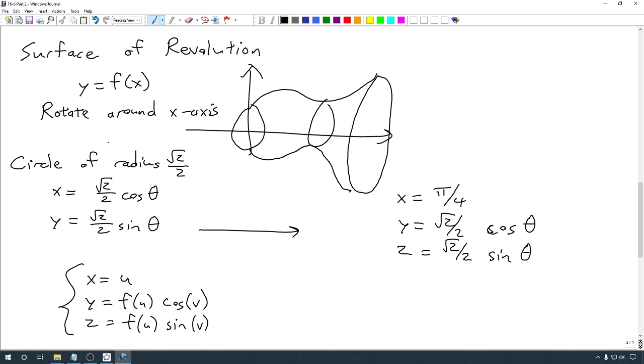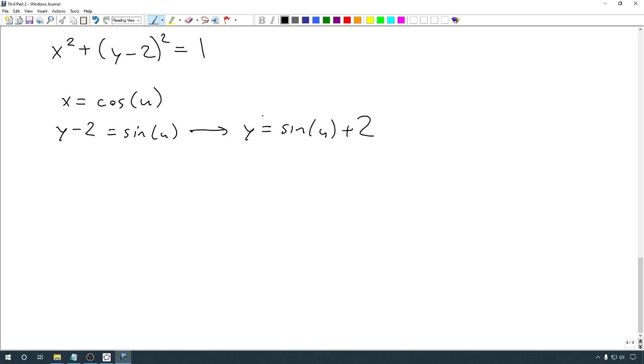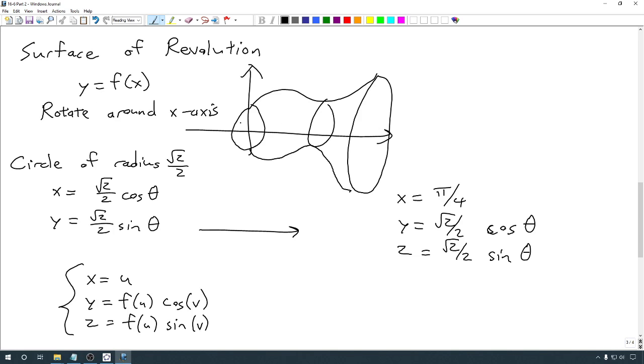Well, keep in mind what we're actually working with here. The f that we're putting here is the radius that we have at any given point. And it's always basically given by whatever the y value is. So essentially, we want the y value, or at least the y value that we have here, regardless of whether or not it's in terms of x or in terms of the u that we already have it in, to be our radius.